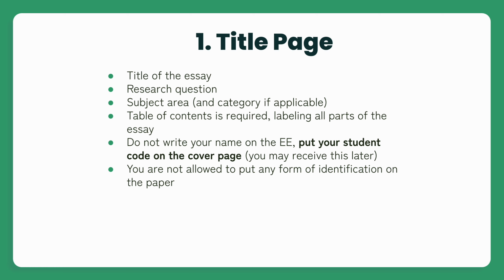And you should not write your name on the extended essay. You have to put your student code on the cover page. And maybe you don't have your student code yet, that's fine. You will definitely receive this later, but you should not put any form of identification on your extended essay.